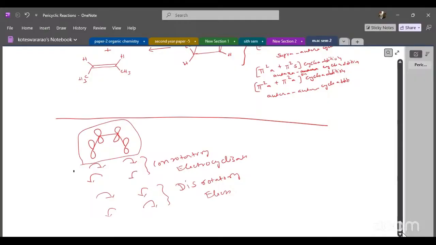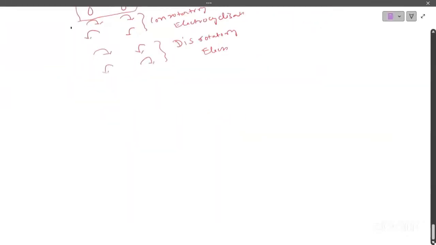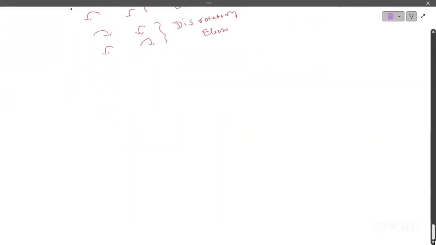Similarly, whenever we classify the stereochemistry of cycloaddition reactions, we need to consider the individual substance's stereochemistry. In a cycloaddition reaction, two pi components are involved in the addition.